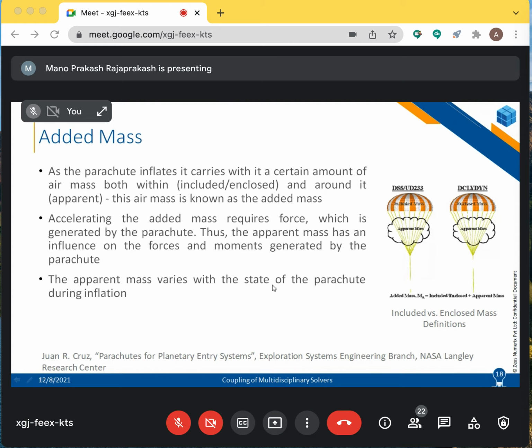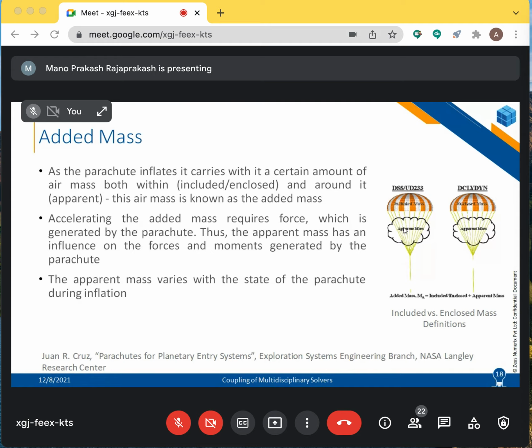As I told, it varies with the state of the parachute. It is going to have a certain behavior when it is 50% inflated, and at full inflation it is going to have a certain behavior, but over time, as the steady state begins, it is going to fade away. So in a way, rather than the absolute value of the added mass, it can be represented as the added mass rate. How it varies over time is what is very important.